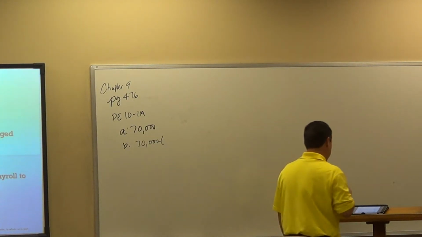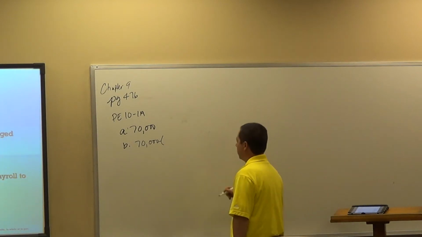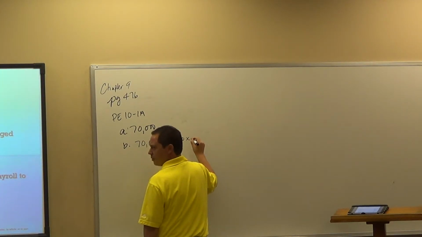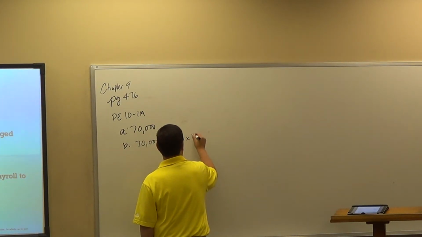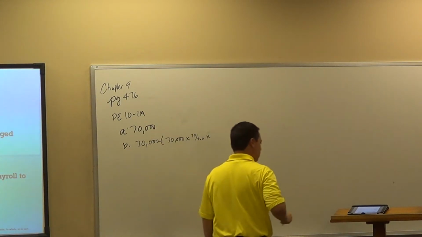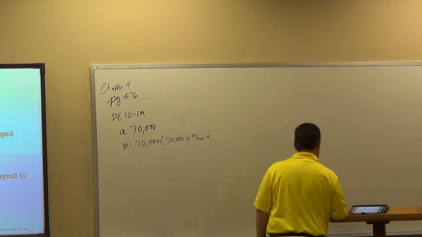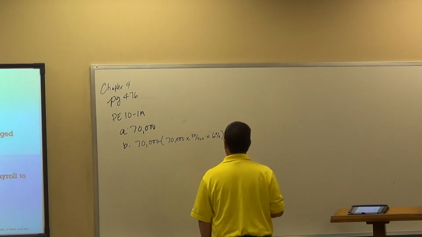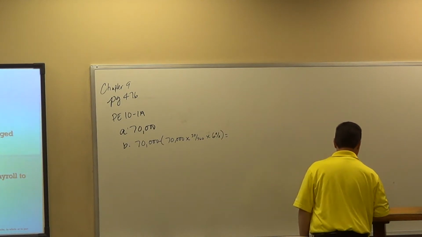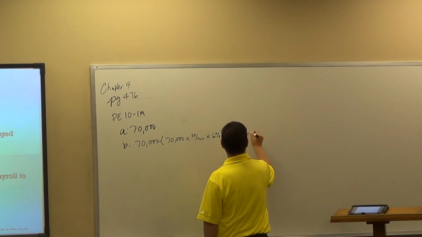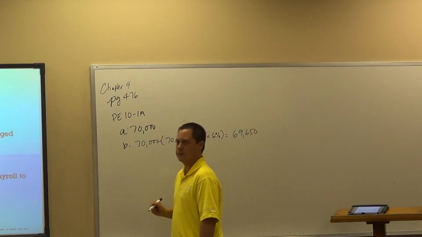So we have $70,000 times 30 over 360, which is 1/12, since 30 days is one month. And then what's the percentage rate on that? 6%. So what do we get there? So what we have here.